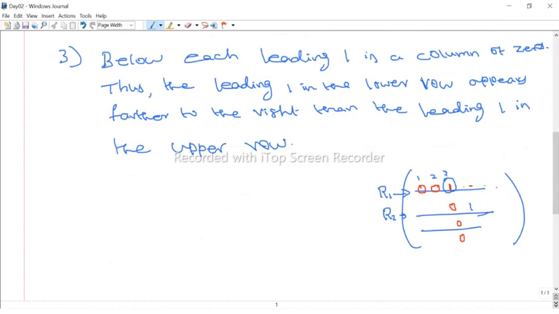If R2 has a non-zero entry in the first position, that is not echelon form. So you have to compare with the previous row, and below the leading entry should be 0.